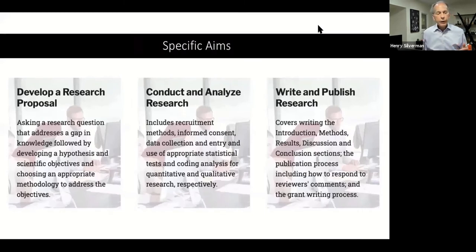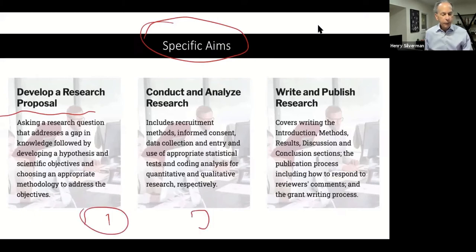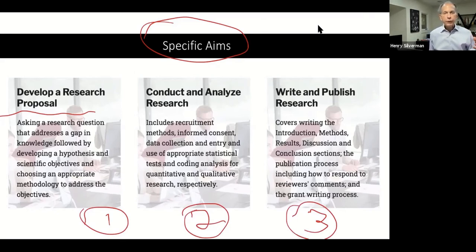And again, our mission is to develop a community of diverse individuals committed to doing the research. So in order to do this, our specific aims are shown in this slide. First, we start out by developing a research proposal. Again, let me say that this program consists of 3 different blocks. And we start out by trying to develop a research question that addresses a gap in knowledge, followed by generating a hypothesis and scientific objectives, and choosing an appropriate methodology to address the objectives.